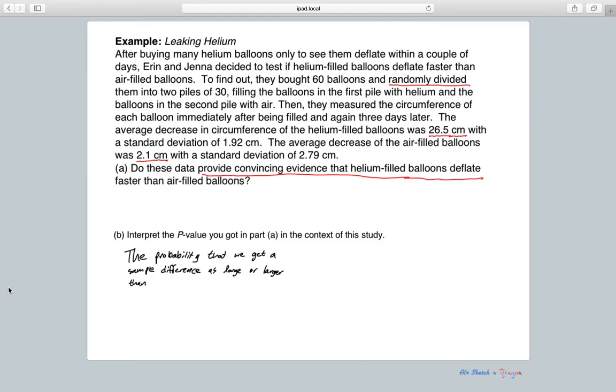Geez, it was 26.5 minus 2.1, so 26.5 minus 2.1 is 24.4. If the true difference is 0. Remember, that's our assumption in the null hypothesis. Is about a 0% chance that we would get a sample difference that large or larger if the true difference is 0. All right.